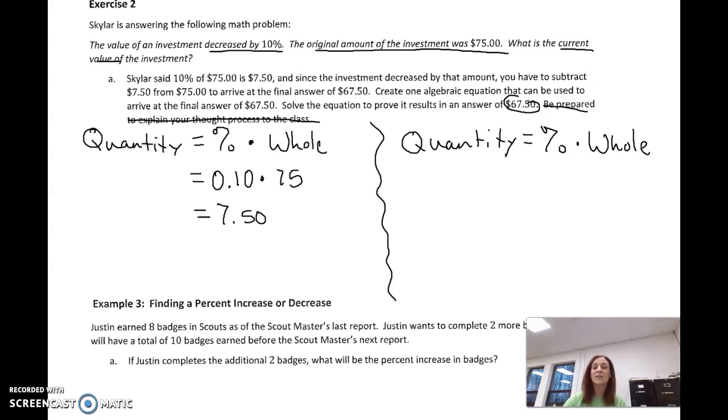Now, you have to subtract it. This is what I mean. It doesn't mean the new investment, which is decreasing by 10%, is $7.50. It means we take the original minus how much it decreased, and we get $67.50. Now, here's how I want you to think of it a little bit differently. If it decreased 10%, what percent is left?